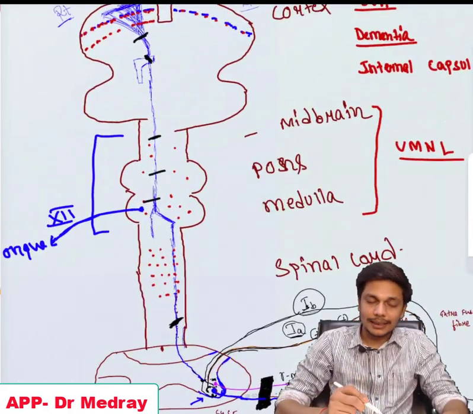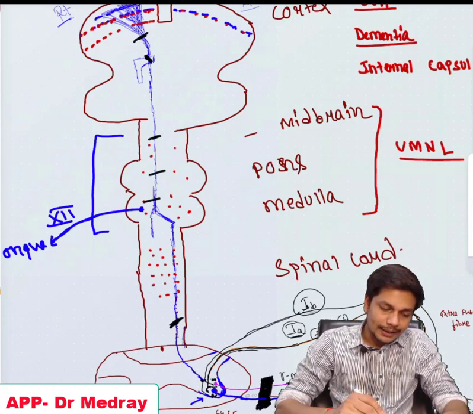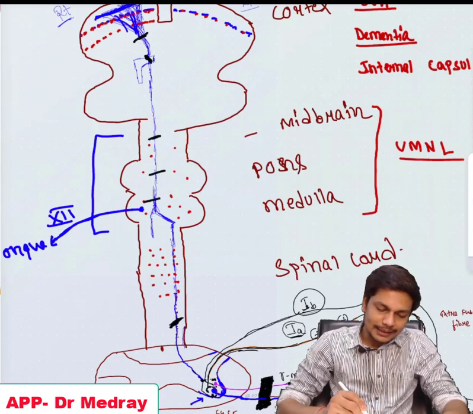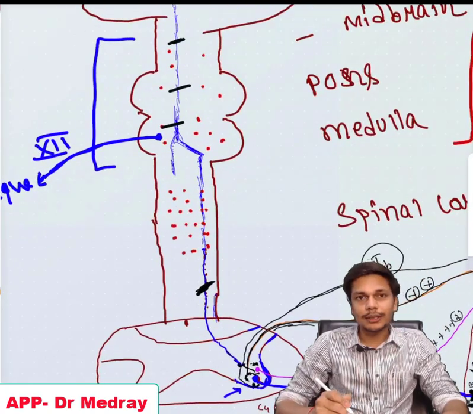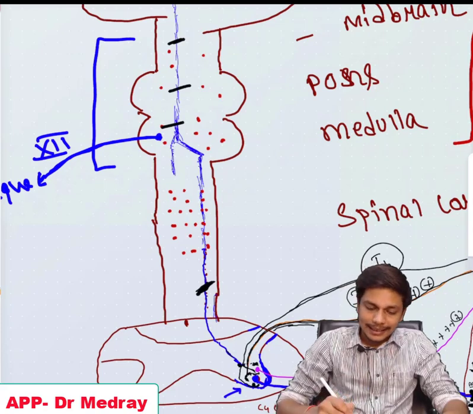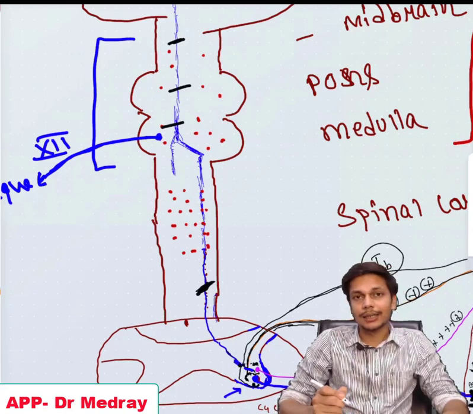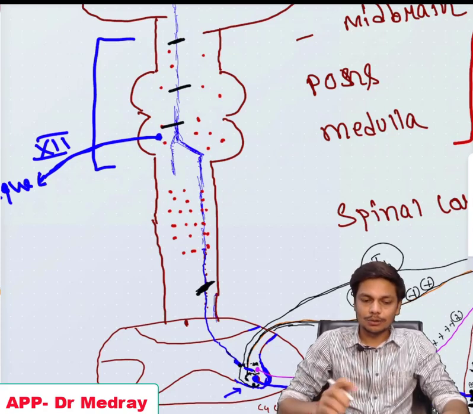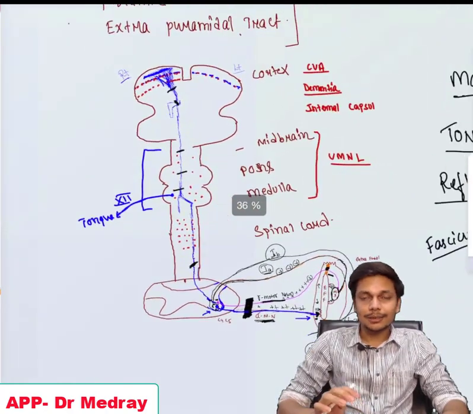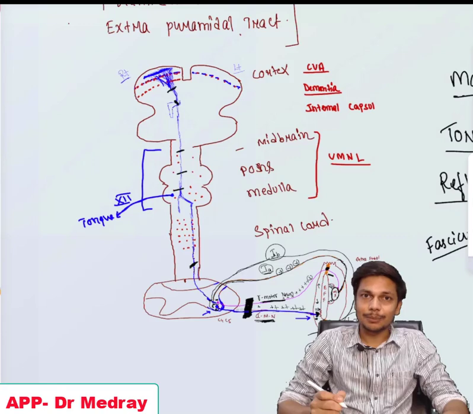The upper motor neurons originate in the cortex, descend down through the brain and the brain stem, and control the function of the lower motor neuron either directly or indirectly through the interneurons. So this is the concept of the UMN and LMN, the upper motor and the lower motor neuron.